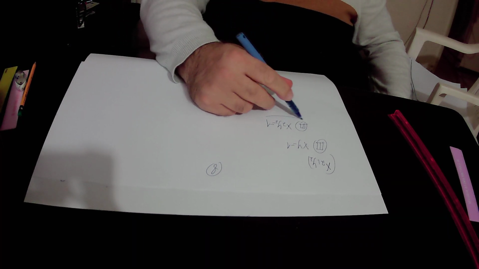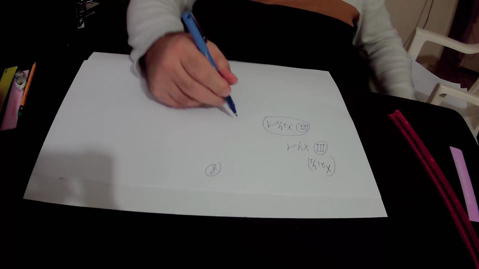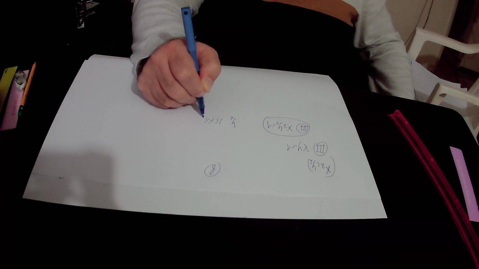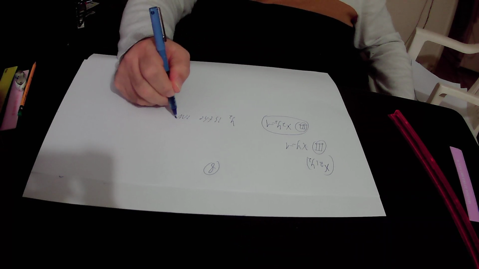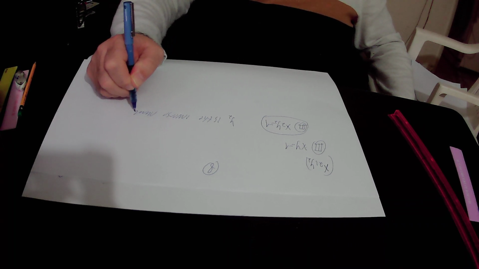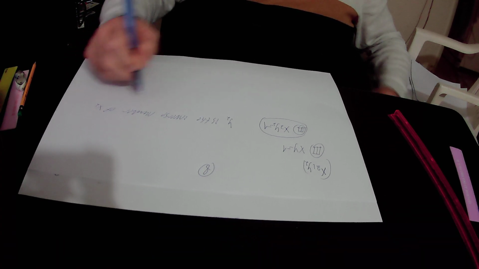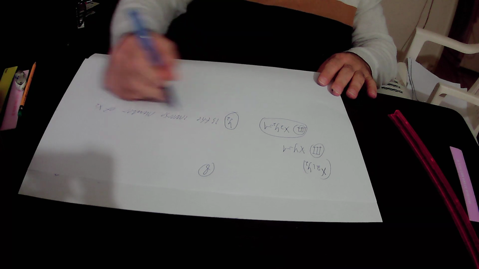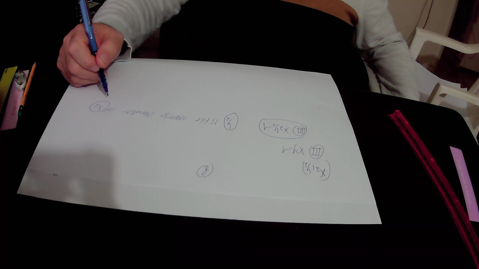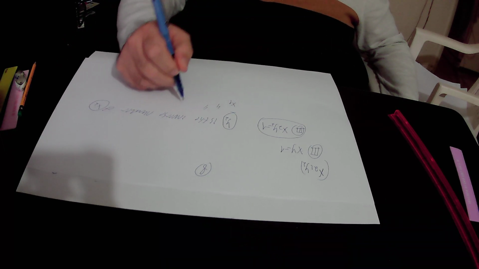And what is the meaning of this equation, x2 times y2 equals 1? It means that y2 is the inverse number of x2. Okay, y2 is the inverse number of x2. But we have already found out that x1 is the inverse number of x2.